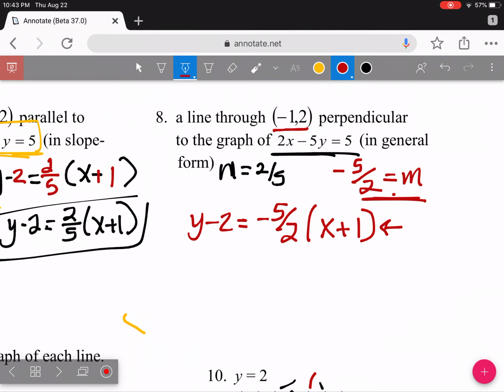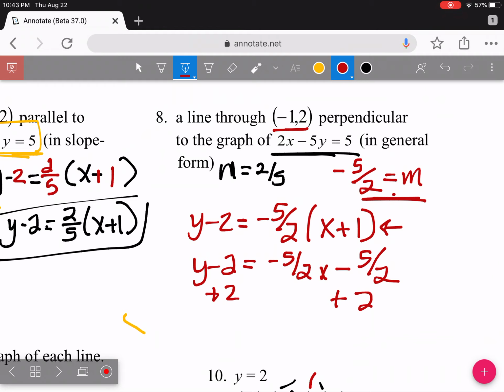And to do that, we're going to distribute. So we're going to go y minus 2 equals negative 5/2 x minus 5/2. Add 2 to both sides, and add 5/2 x to both sides, because we want to get all of the variables on that side. So we end up with 5/2 x plus y equals, what do we have on this side?